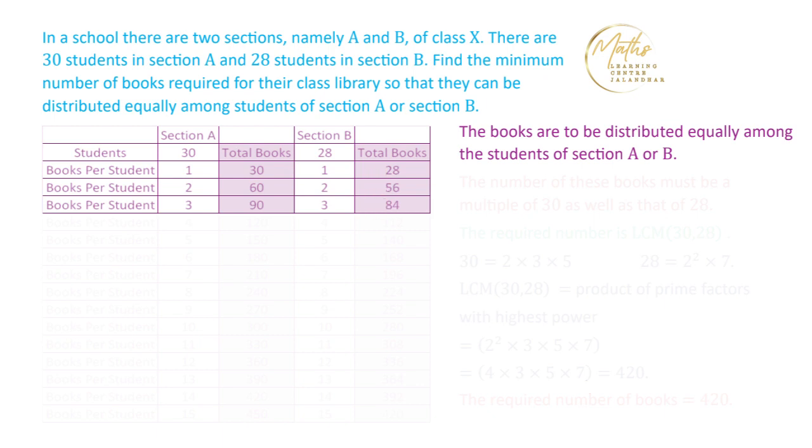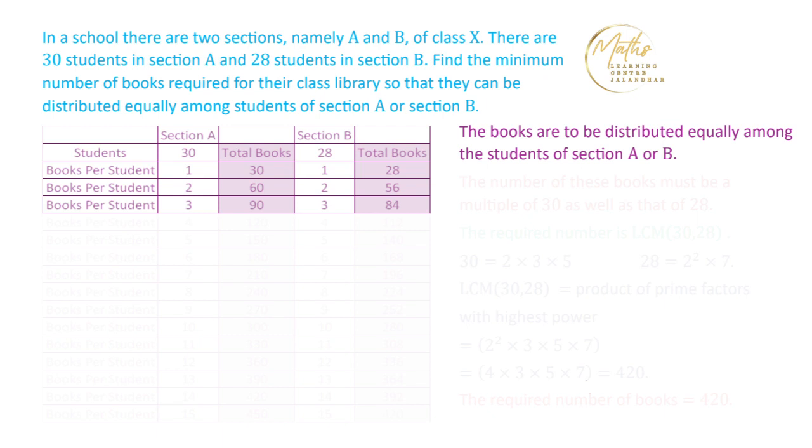Now we have to find the minimum number of books required for their class library so that they can be distributed equally among the students. So we need a number here. We want to find how many books should be there so that the students of both sections get an equal number of books.